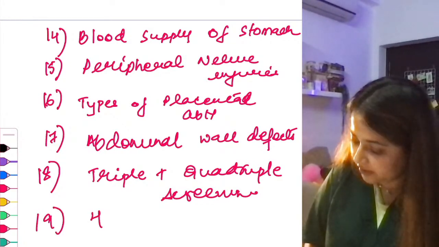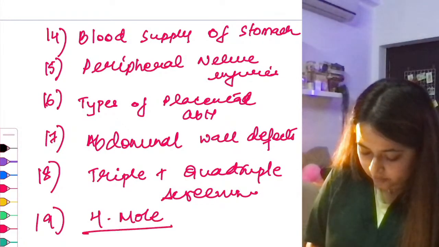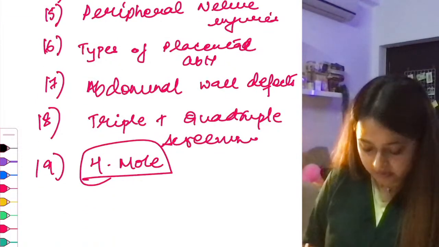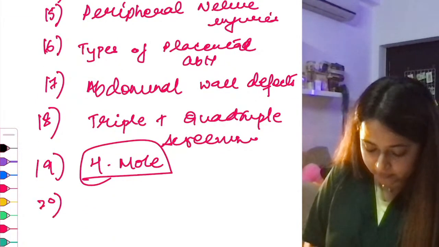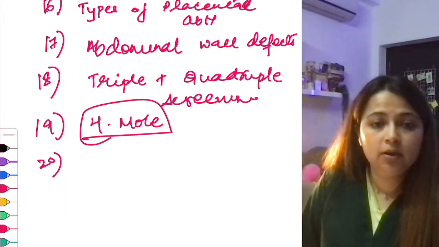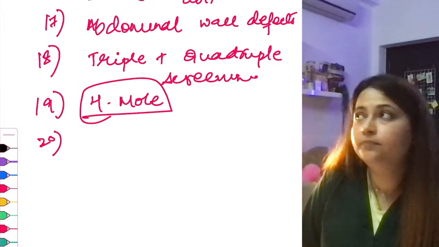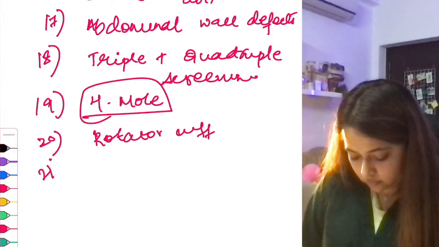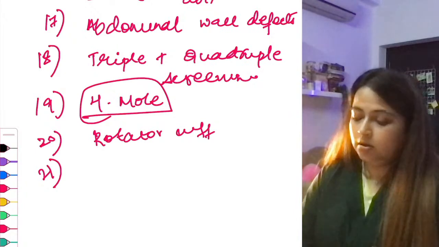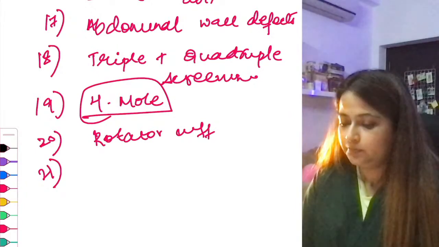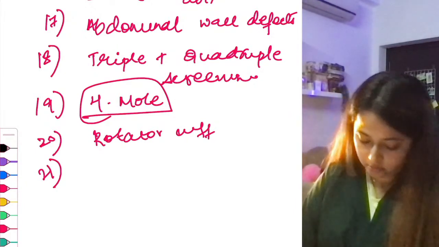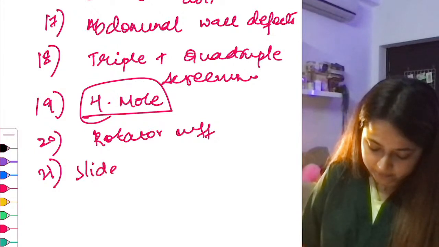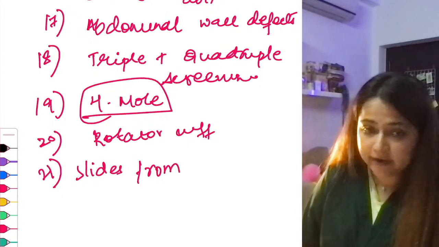Then hydatidiform mole, very high yield. Types of mole, complete and partial, and the difference. That is very important. Then rotator cuff we have already covered. Then the slides from hematology, very high yield.